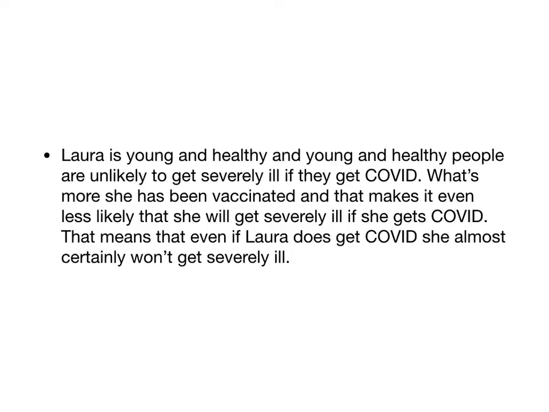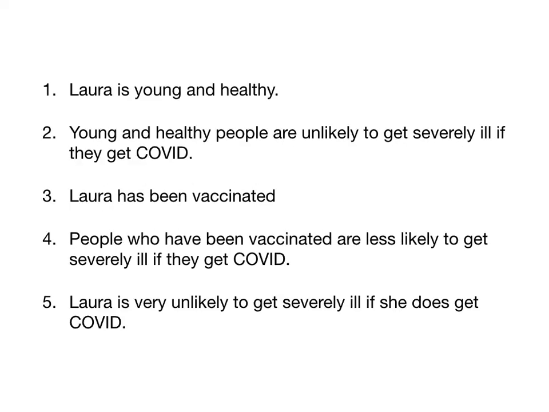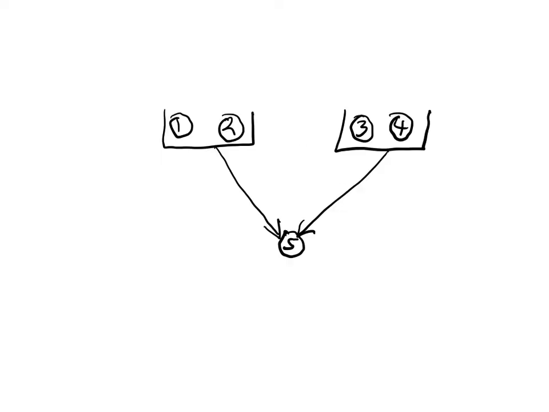Now think of this Laura argument I gave you earlier. She's young and healthy. Young and healthy people unlikely to get severely ill if they get COVID. She's been vaccinated. People who have been vaccinated are less likely to severely get ill if they get COVID. She's unlikely to get severely ill if she does get COVID. Superficially, we can treat this inductive argument as having the same structure.